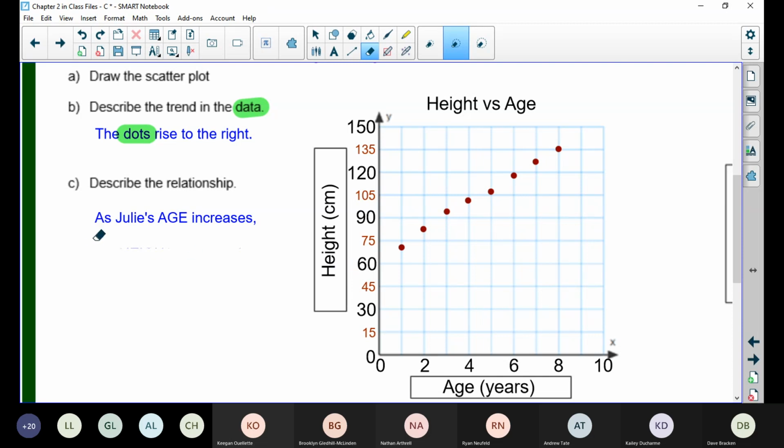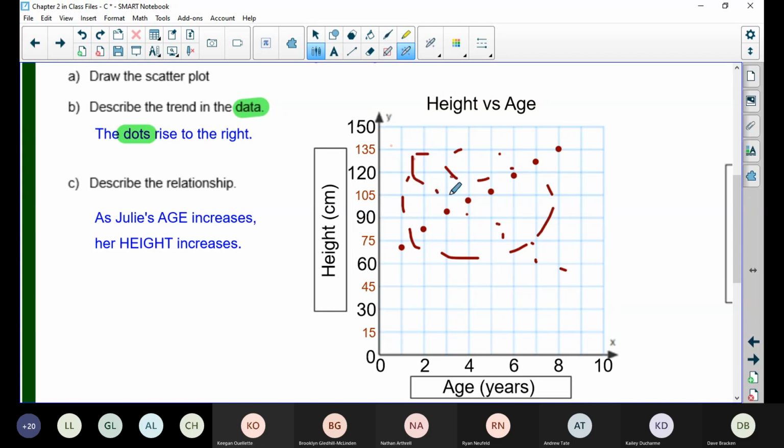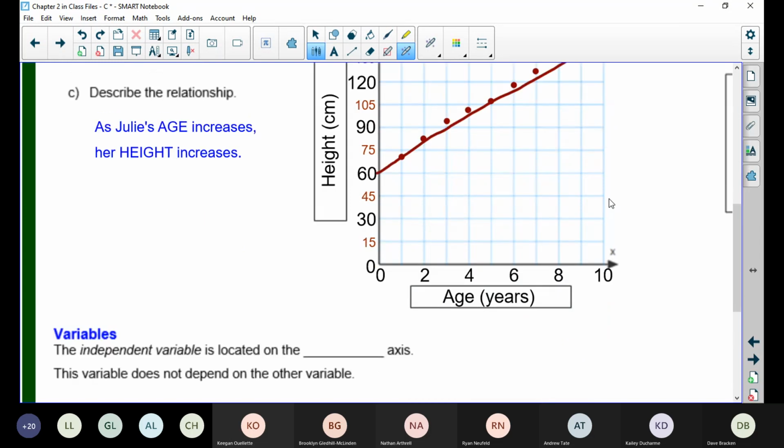And in this case, as her age increases, her height increases. If the dots went down to the right, it wouldn't make sense, but as her age increases, her height decreases. If her points were all over the place, as her age increases, there is no relation with her height, okay? But in this case, there's a pretty good relationship that as her age increases, her height increases, okay?